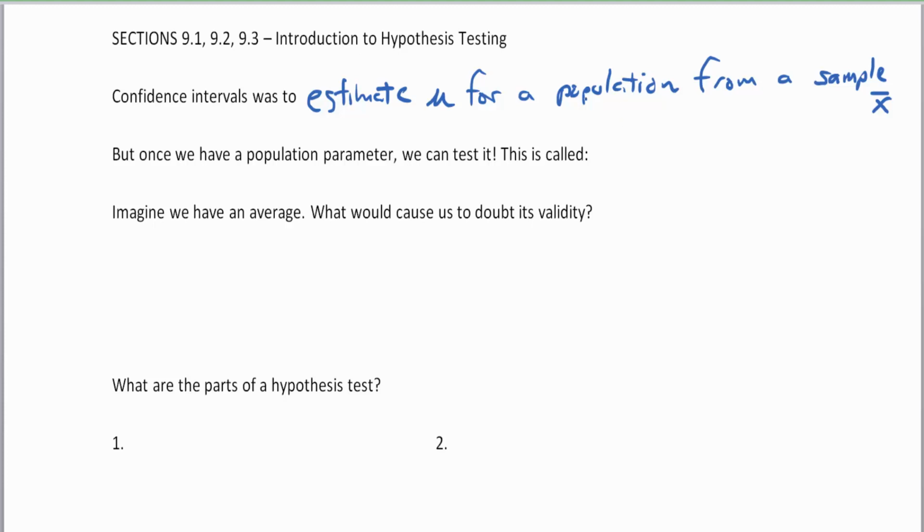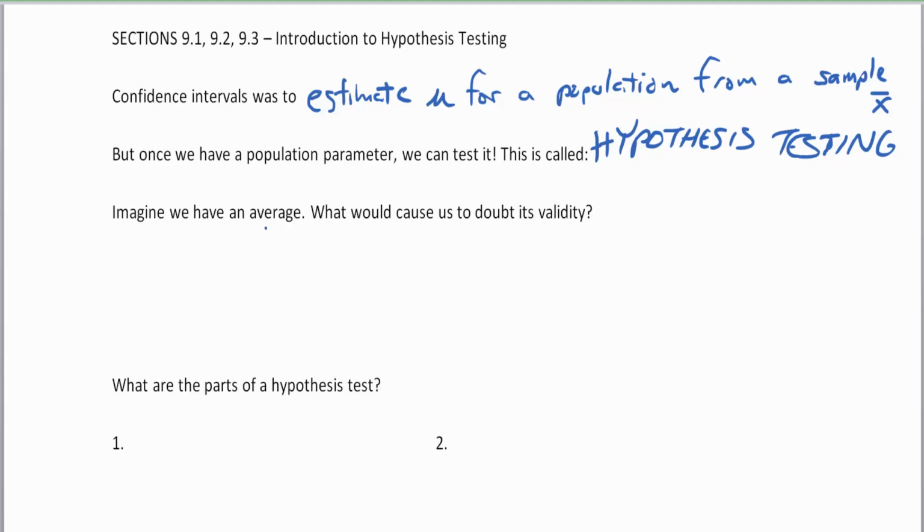So this testing of an average mu is called hypothesis testing. And that's what we're going to be doing in this unit. We're going to be hypothesis testing. We're going to be taking a known mu, and we're going to make a claim or a test with it and see if the mu is to be either rejected or not rejected at this moment.